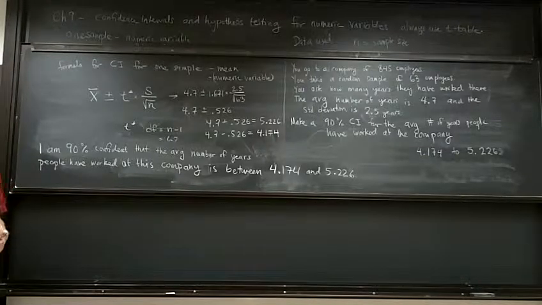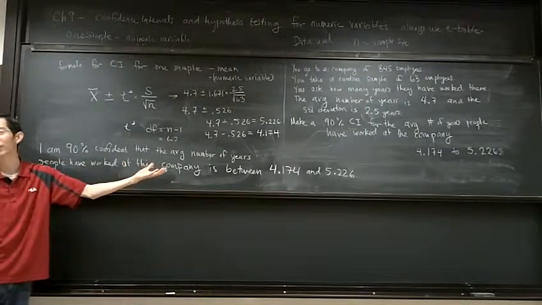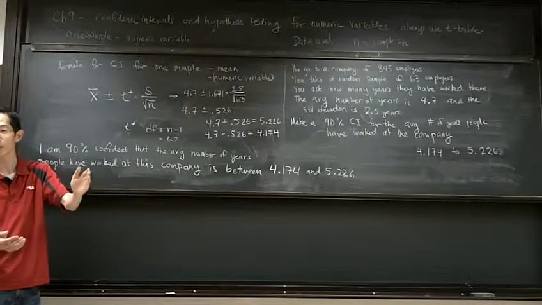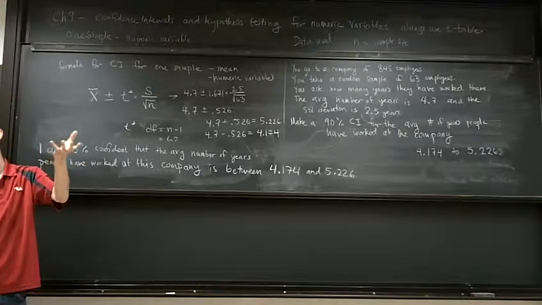And if I were to ask the question, do we have evidence that the average number of years is not 5 years? No, that is the correct answer. The answer is no because 5 is within my interval. It doesn't necessarily mean that it is 5, but we don't have evidence that it's not 5.